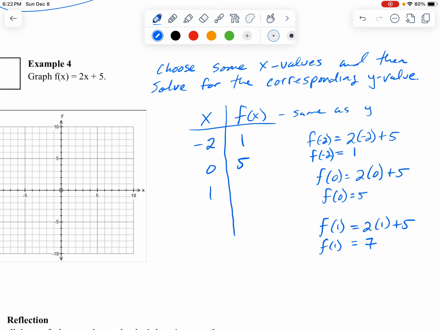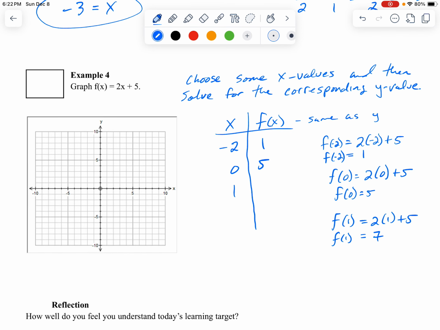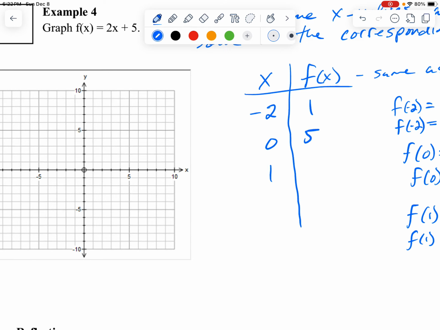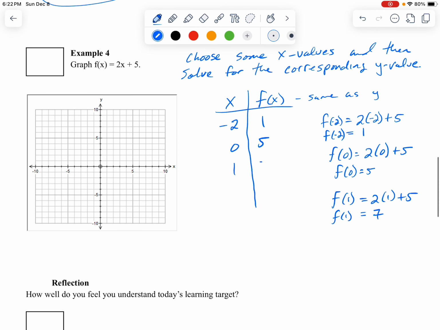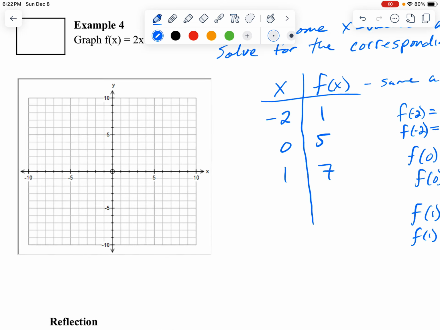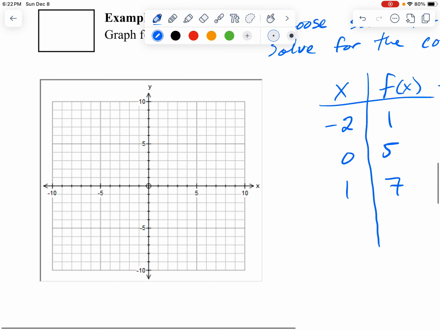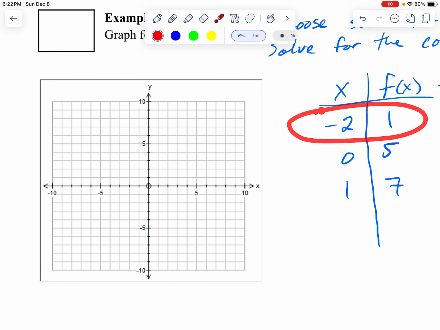Again, if we know it's linear, we really only need 2 points. But let's just plot all 3 of these, just so we have a little bit extra. So my x value is negative 2, and that goes with a y value of 1. So negative 2, comma 1, there's my first point. Then 0, 5 as a second point.